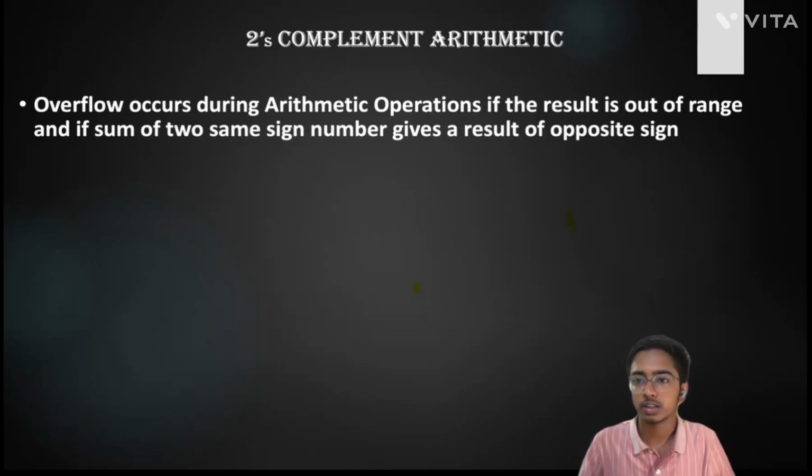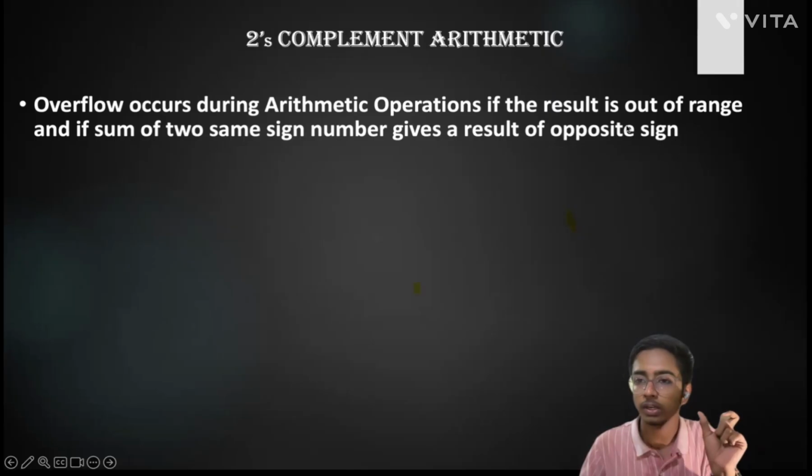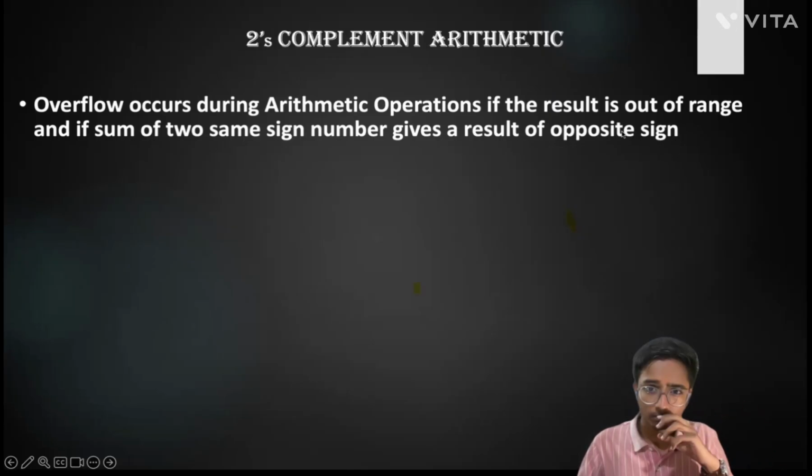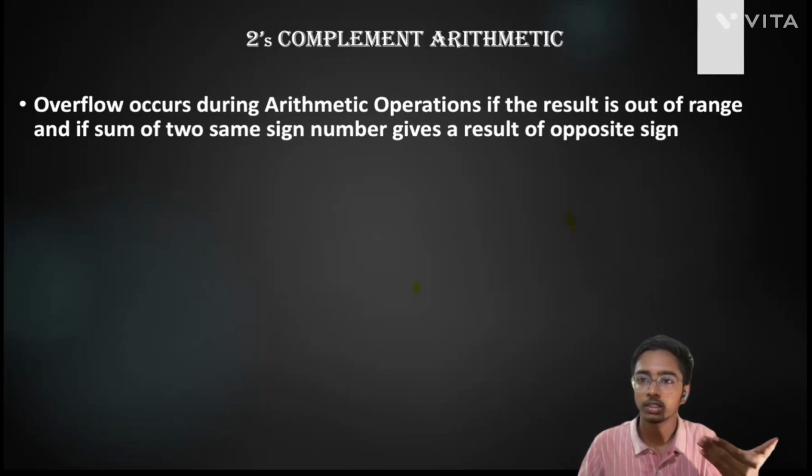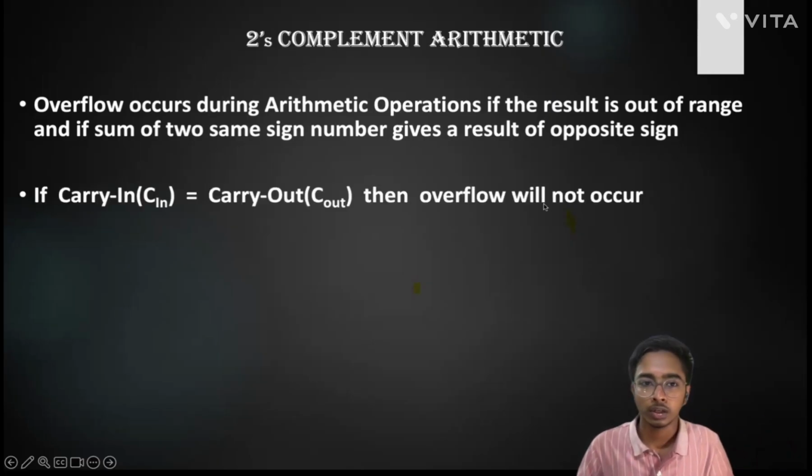In an 8-bit notation system, the smallest negative number that we can represent is minus 2 power 7, which is minus 128. But the result of the addition that we are performing is minus 247, which is exceeding the range. Such arithmetic operations result in an overflow. Overflow means we are unable to represent the result in the bit representation system.